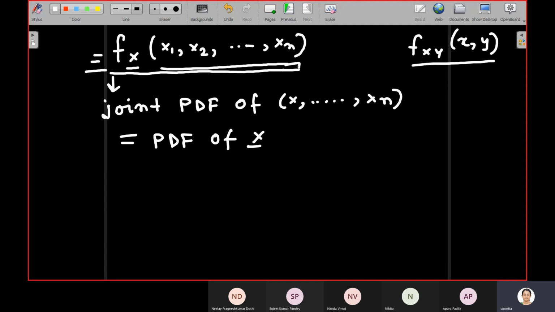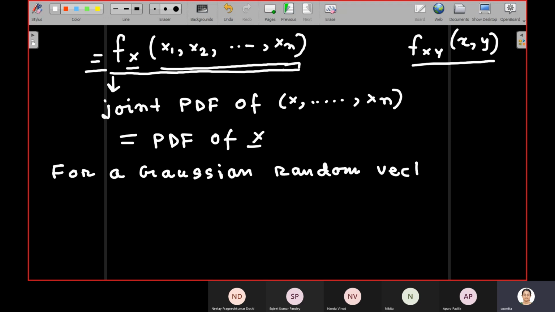I'll just give you the example of the joint PDF for a Gaussian random vector and stop. So for a Gaussian random vector, the PDF is this. It's basically the joint PDF of all n elements.